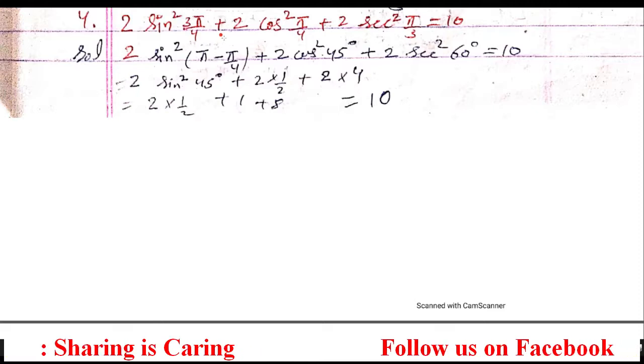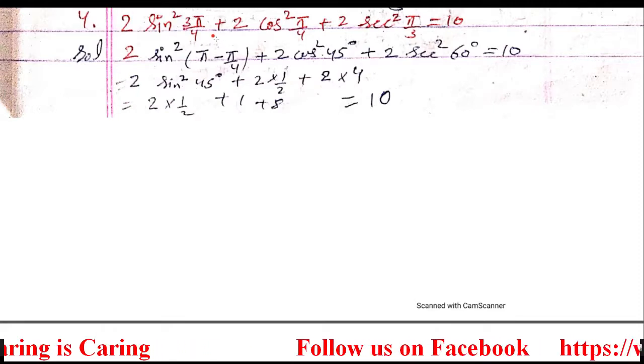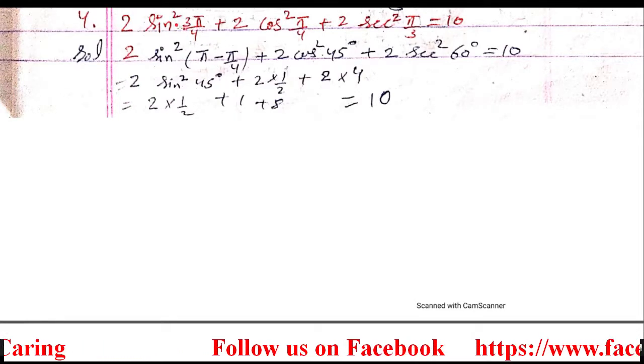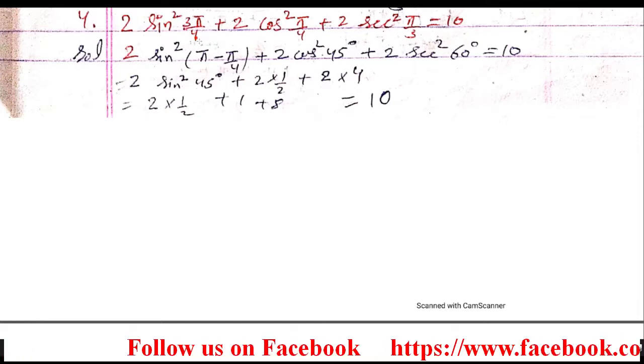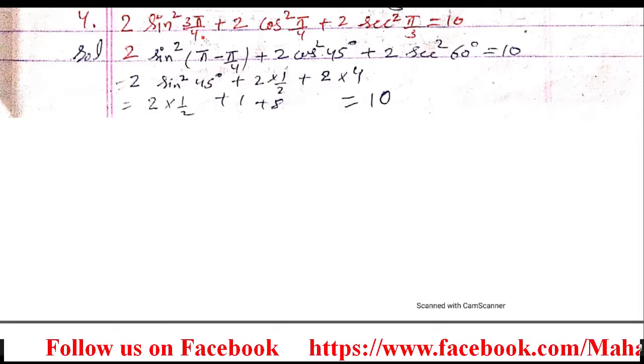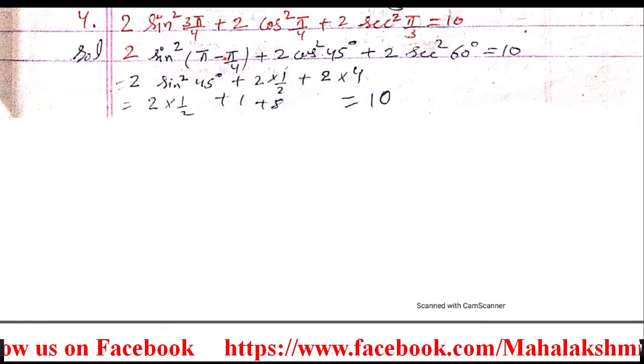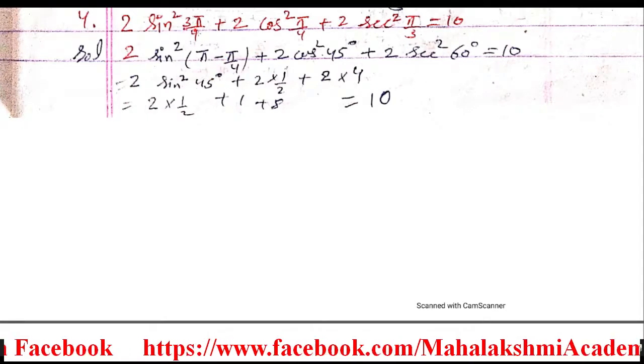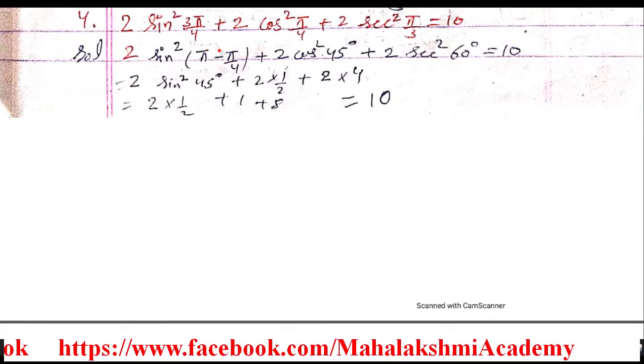Some standard angles are there whose values we had learned by heart. That's why we are going to convert this 3 pi upon 4 into some resembling angle so that directly we can put the value.